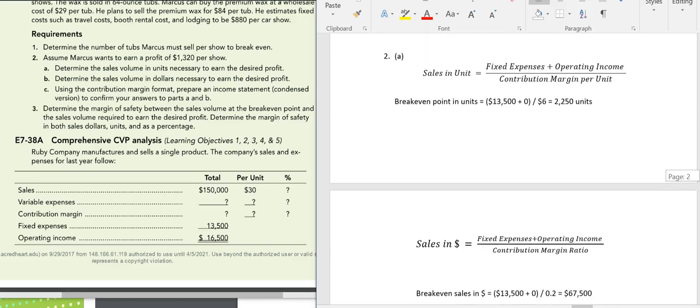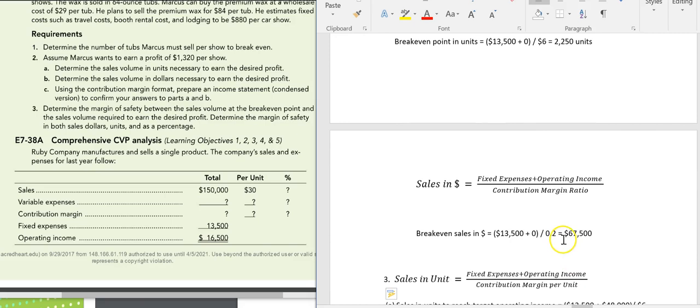Here we actually did the break-even point. So our break-even point sales is 67,500 and our current sales is 150,000. Now we will figure out the difference between these two. Again, margin of safety is the extra sales, excess sales on top of your break-even point, and you can also express it as units.